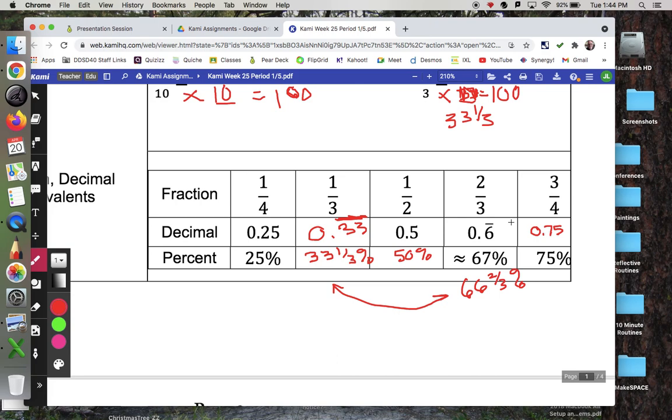You can just memorize 66 2/3%. 3/4 is 75 hundredths or 75%. These are all really good to memorize because these are practical. They're used out there every day, and we talked about that in class.